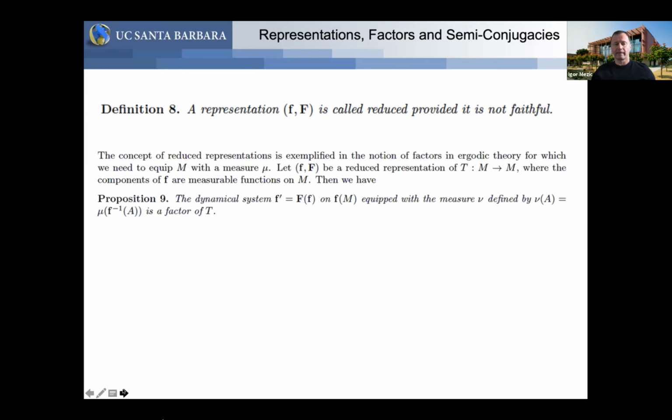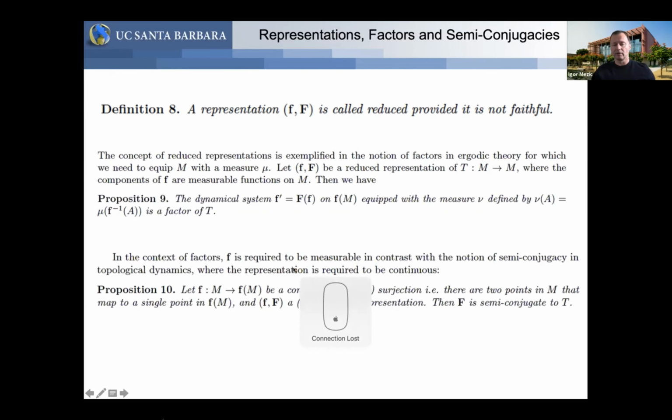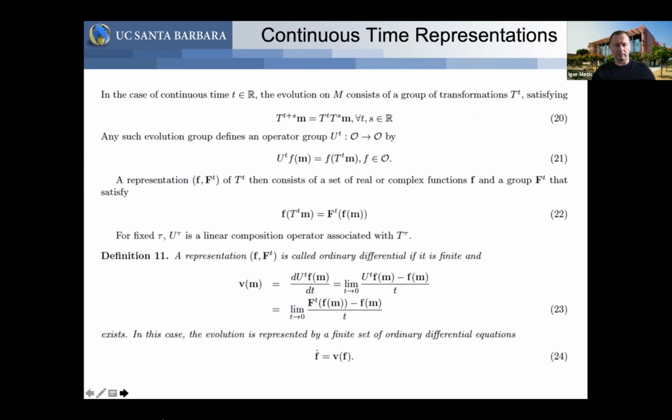So in other words, representations give us factors, or alternatively, if you want to be in a continuous category, they give us what are called semi-conjugacies, meaning a conjugacy, but to a lower dimensional system. So if our f is a continuous proper surjection, in other words, there are two points that map to a single point, and we have a non-faithful representation, then capital F is semi-conjugate to our mapping T. So these are some structural results.